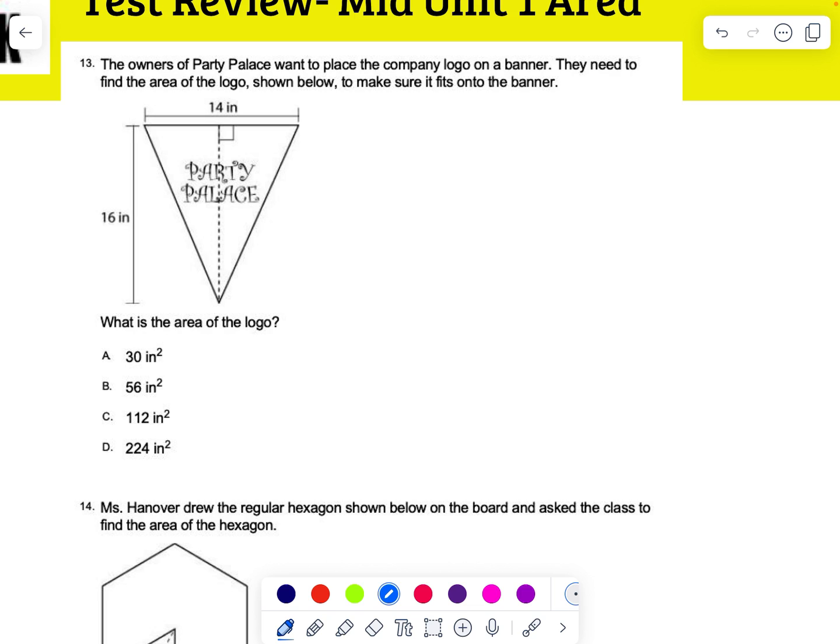So the logo is really a triangle. So we have a formula for that. We're given the base measurement, which is right here, and we're given the height measurement, which is right here. It's actually located out here, but that's on the same plane. So if we use the formula, base times height divided by 2, and we plug in the base, which is 14, times the height, which is 16, okay?